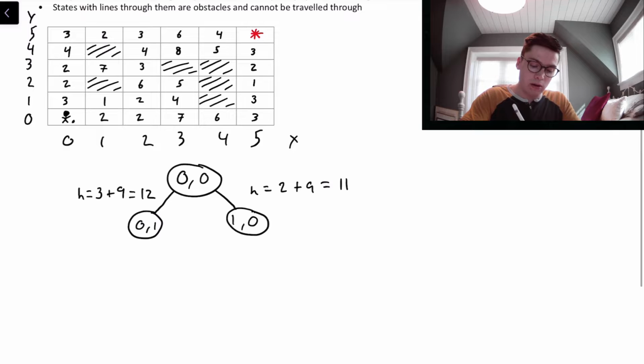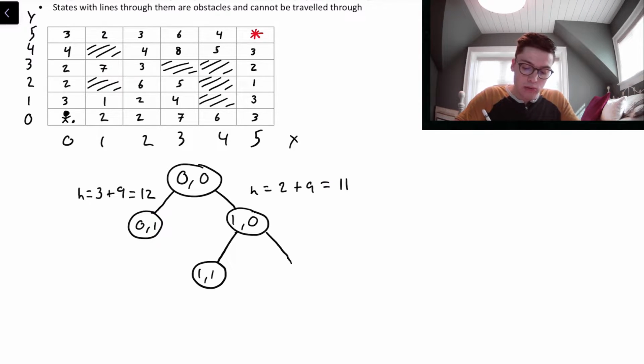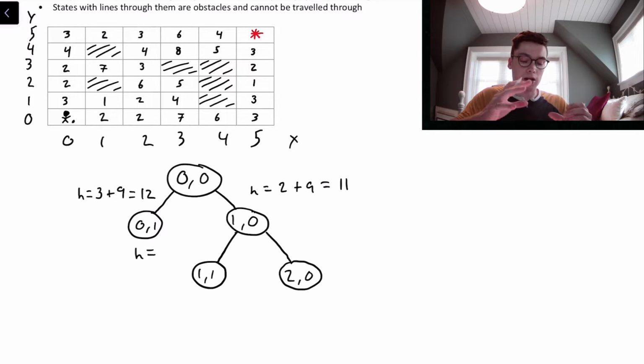So from 1, 0, we can go either up to 1, 1 or right to 2, 0. And to calculate the heuristic values, one important thing to remember is you have to add the previous, not the heuristic value, but the previous costs of cells.